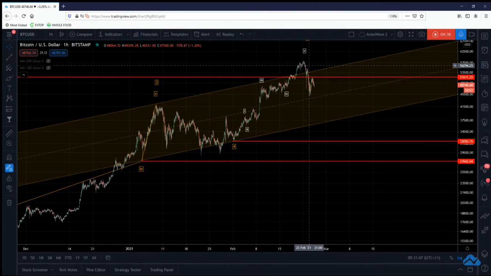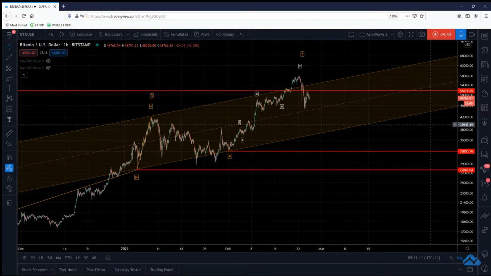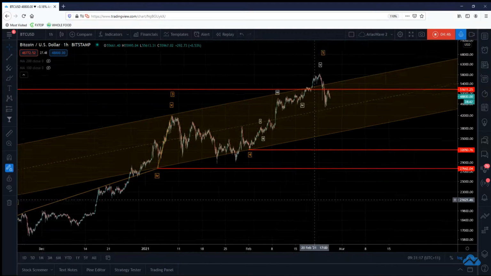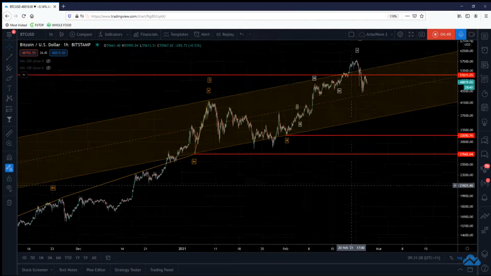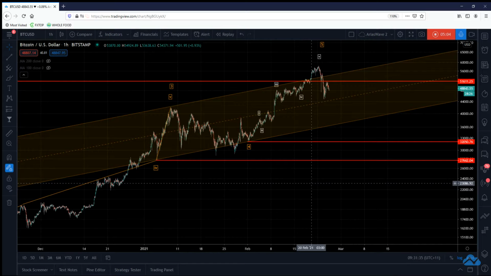I'd be very surprised if this thing turns around and goes up even higher. I would definitely just have to change my view if that's the case, because any higher than this now, it's just gone too far. Any bigger than this, and I have to definitely start reconsidering the potential waves that could be in play if it's a wave three.